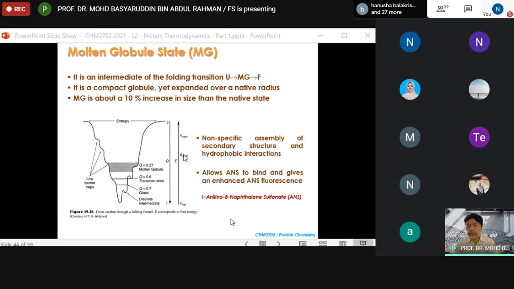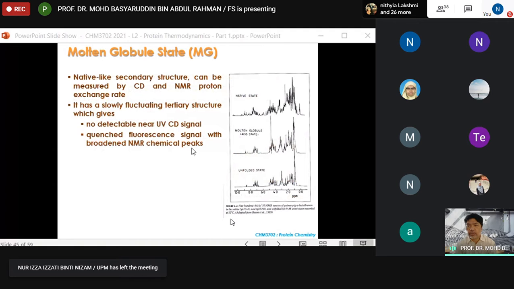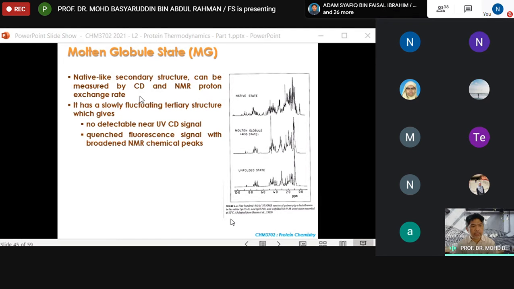Okay, so this is how you do it. We can also study MG by using circular dichroism. This is quite common because it shows the changes in terms of alpha helix and beta sheets. I'm sorry, it was a slip of the tongue. Then we can also use NMR proton exchange so that we can see the differences.